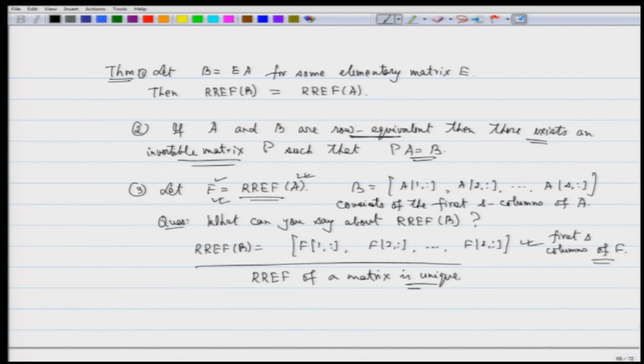I would like you to keep track of this. This is a very important idea, that you are just picking up certain columns, and everything is nice for you. Next, we would like to see how to get the inverse, and then relate invertibility with RREF and so on.